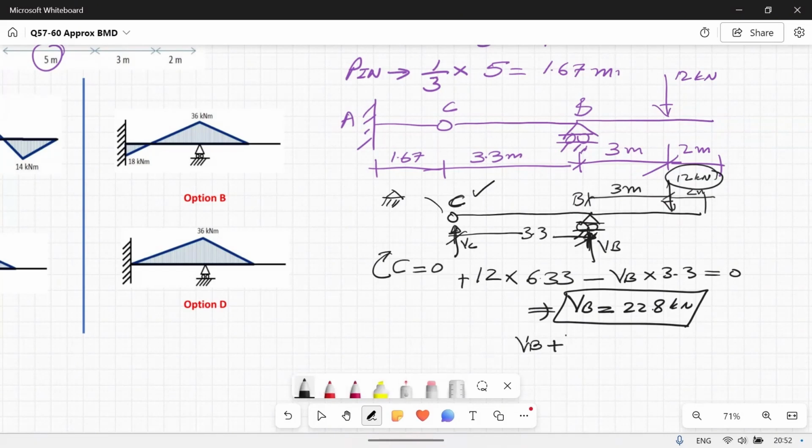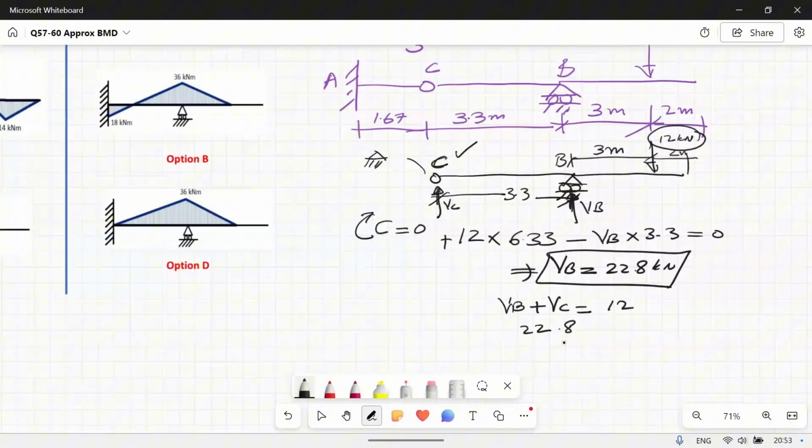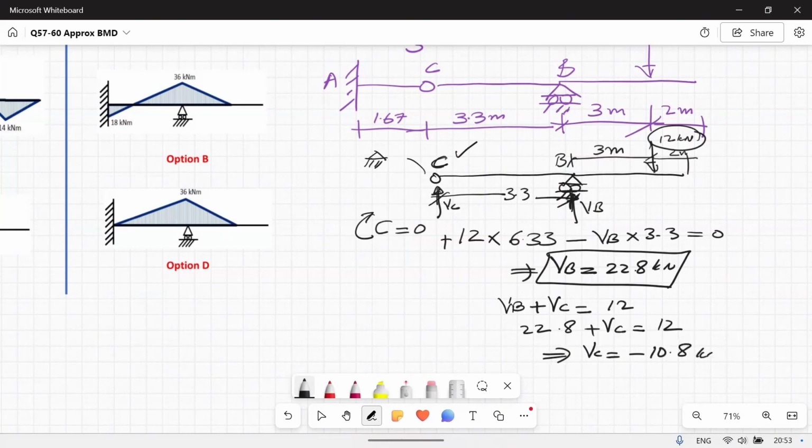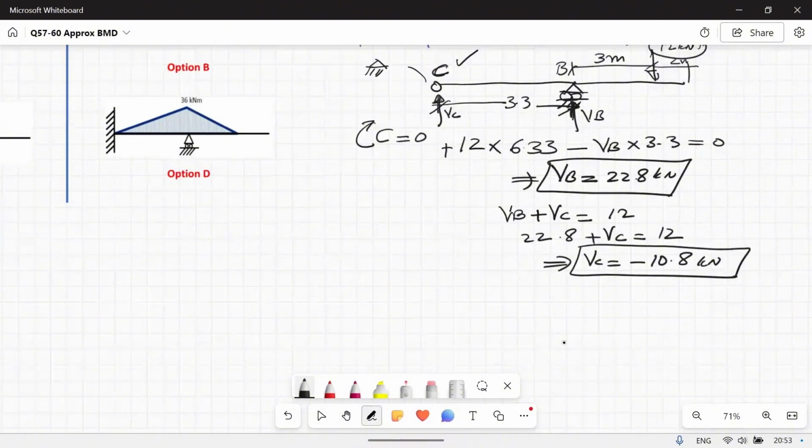VB plus VC is equal to the total load, which is 12. And if I put the value of VB, which is 22.8, plus VC is equal to 12, this will give me the value of VC as minus 10.8 kilonewton. Now once you have got this value, then you can move to the right side.